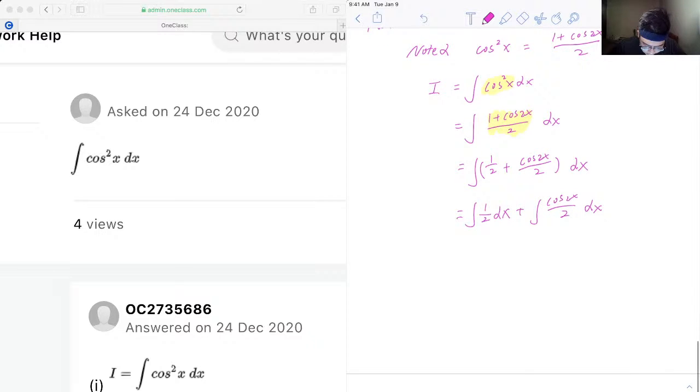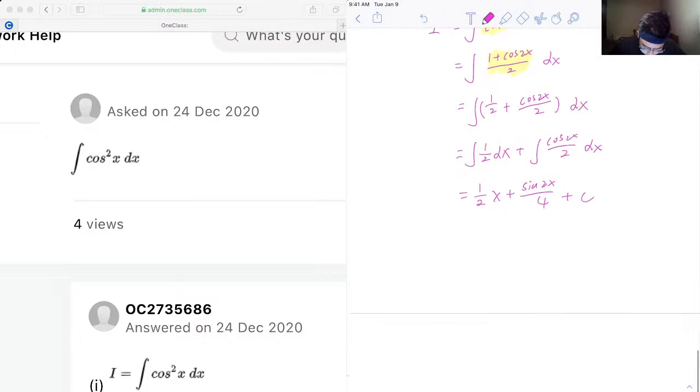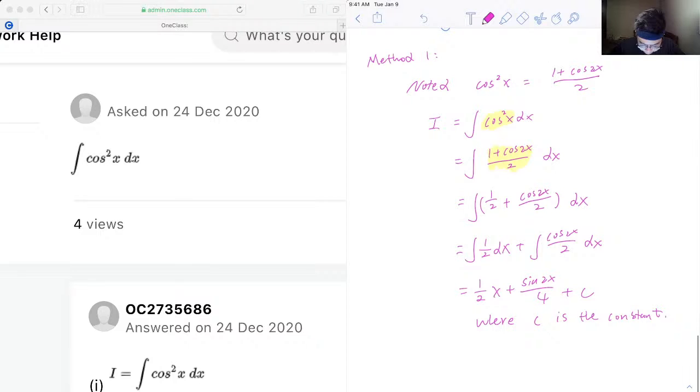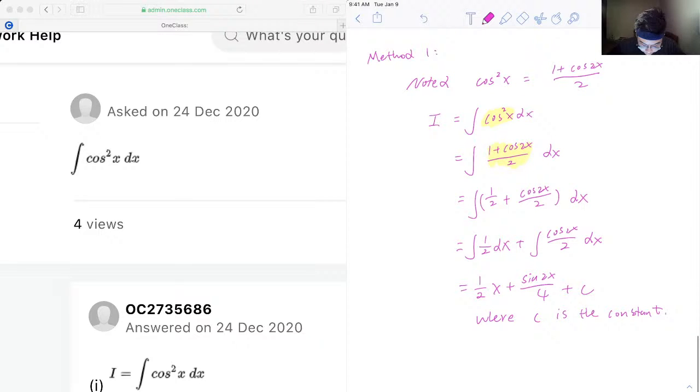And that will give us 1 over 2 x plus sine 2x over 4 plus c, where c is the constant. So that's how we solve this by using the trig identity.